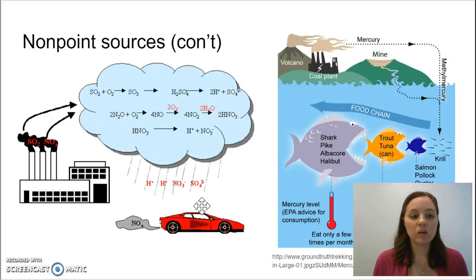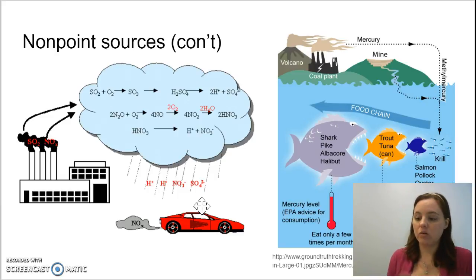A change in hydrology can also be considered water pollution. If any water diversions exist, there's less water in a body of water, and that can lead to more concentrated pollution levels.